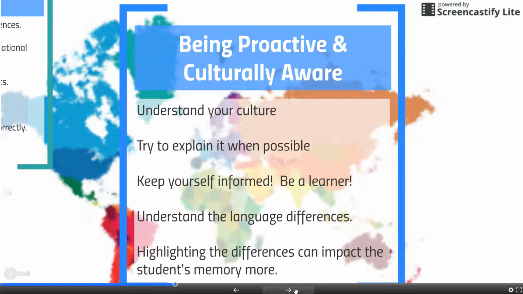So if you understand that that's what they mean, then you can highlight the differences. Portuguese, the language, uses doubt to mean question, but in English, we do have different meanings for those words. And they'll often be able to remember it more easily if they can make the comparison.